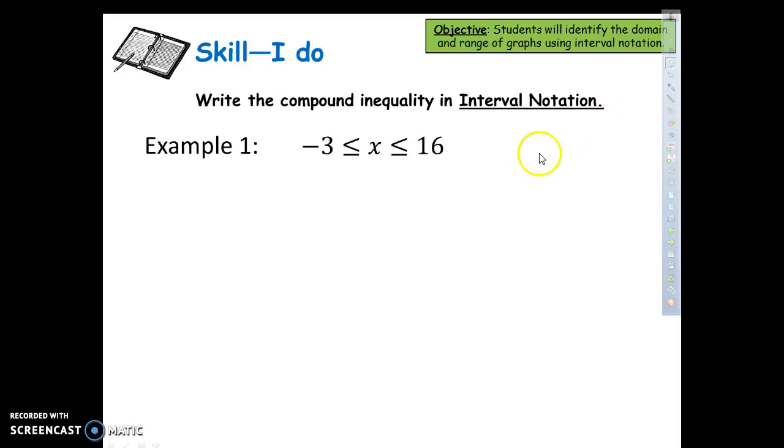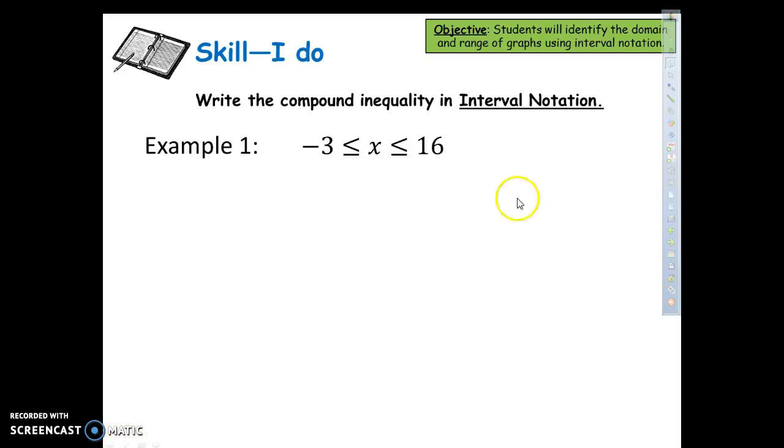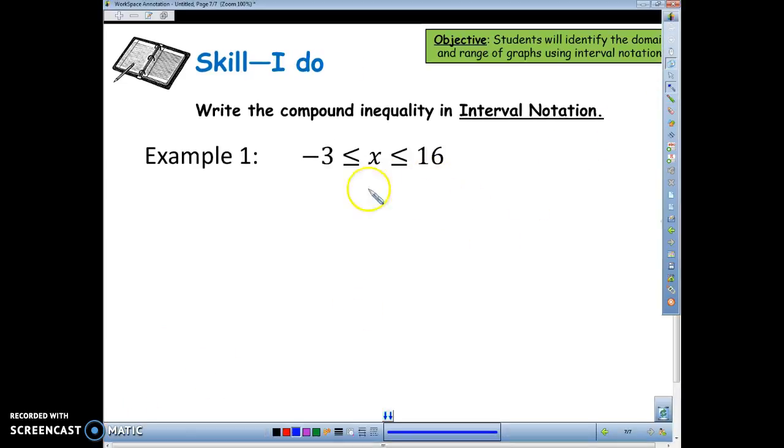So for step 1, if I want to go ahead and write the compound inequality here, -3 is less than or equal to x, which is less than or equal to 16, in interval notation, well, anytime there is a less than or equal to, I'm going to use a bracket.